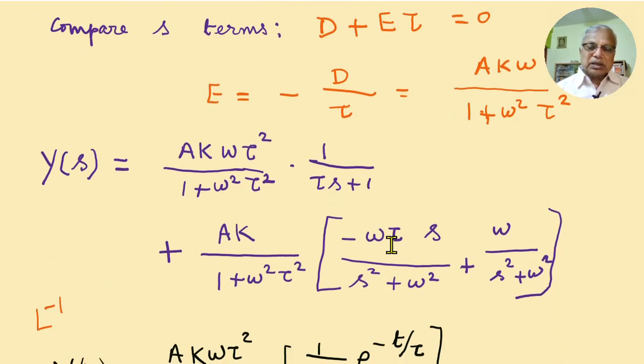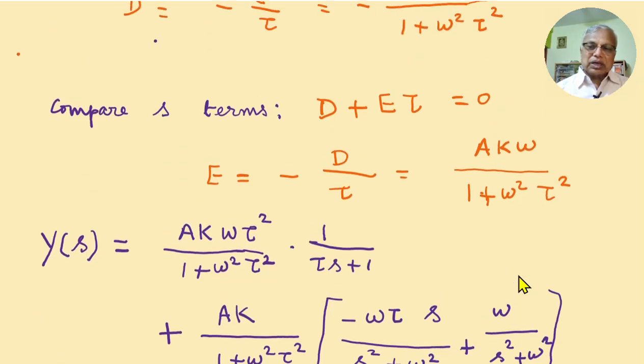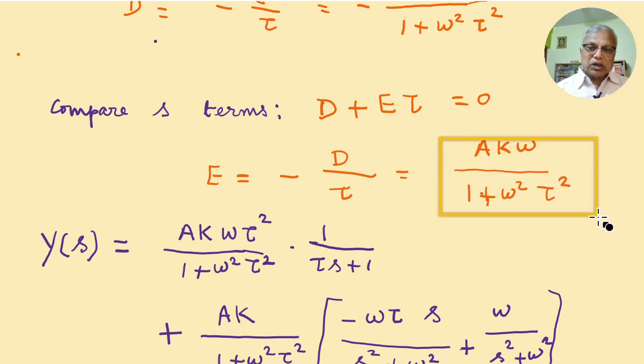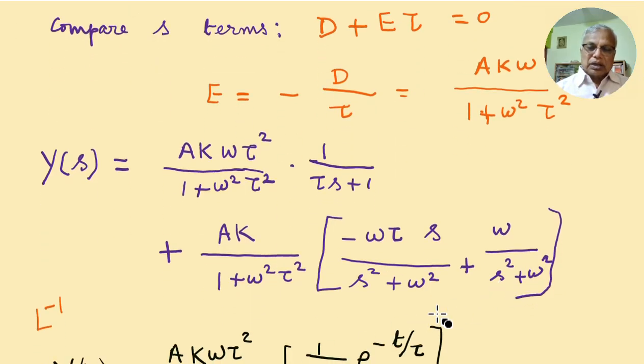This is Ds by s square plus omega square, and this is E by s square plus omega square, where E is A K omega by 1 plus omega square tau square, which I substituted here. The common factor A K I have taken out. So I just substituted C, D and E in the equation for y of s. Now let me take the inverse Laplace.